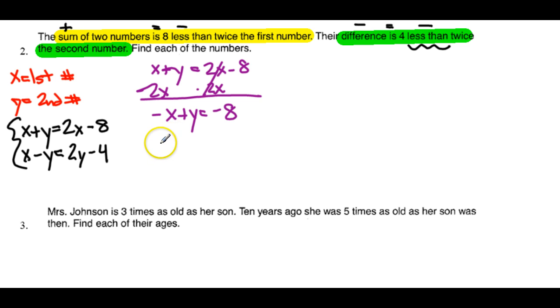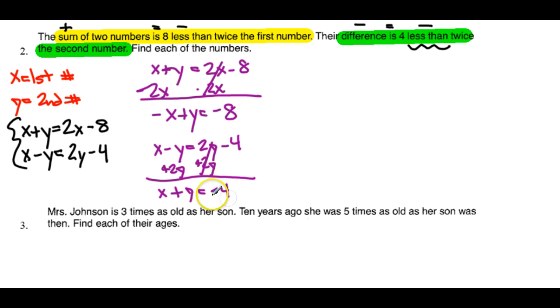Now we're going to do the second equation, which was x minus y equals 2y minus 4. So I'm going to move the y's over here by doing plus 2y. So it's going to be x, negative y plus 2y plus y equals negative 4.